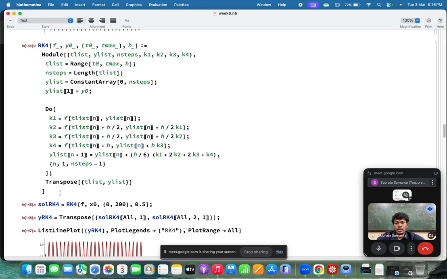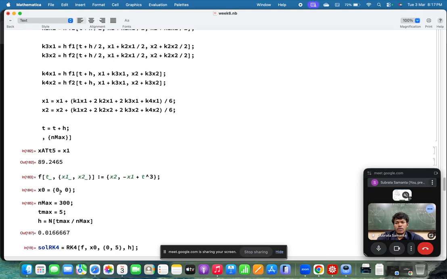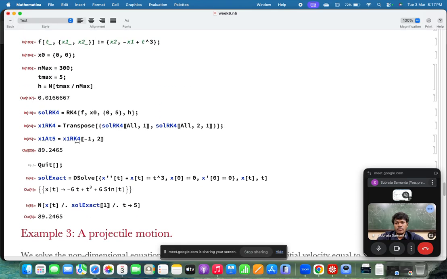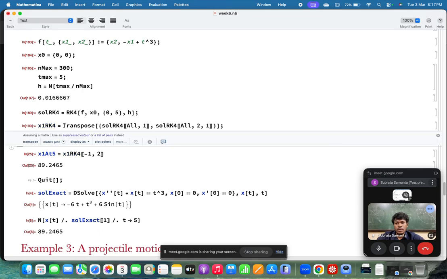You need to compile this module again before calling it. Now we can call this module, and this is the solution, and we extract x1 as a function of time, similar to before.